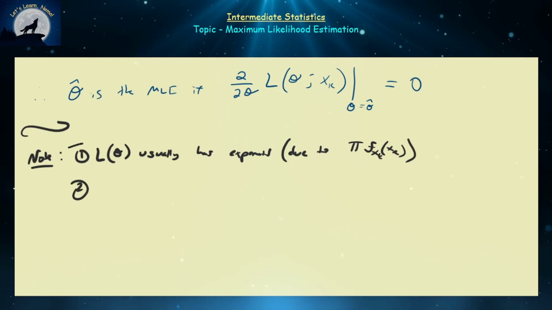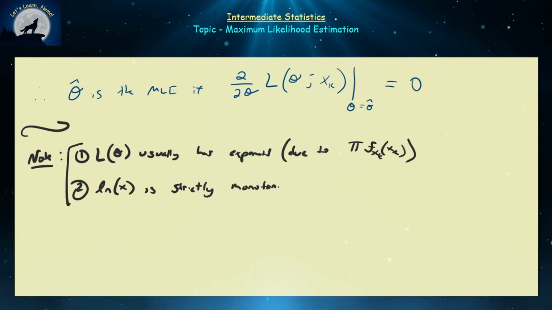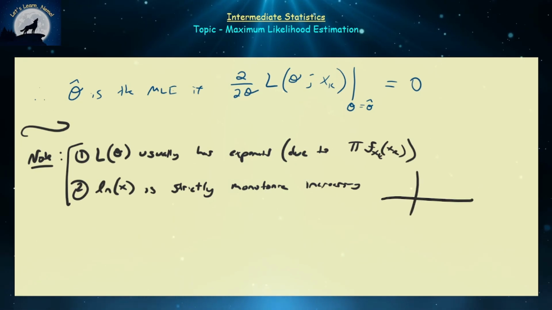Secondly, the natural log of x is strictly monotonic increasing. What does that mean? If we look at the graph of the natural log function, it's always increasing. If you take the derivative, you should be able to verify that it's always positive.